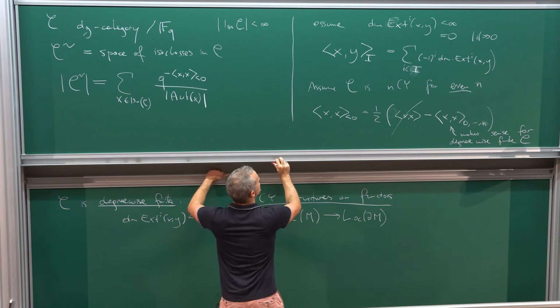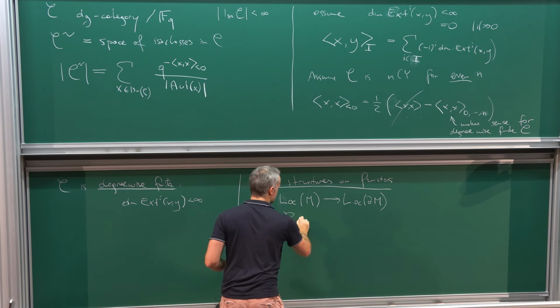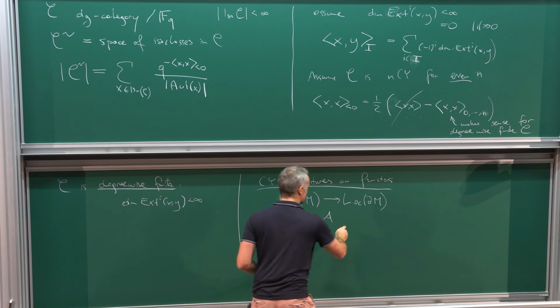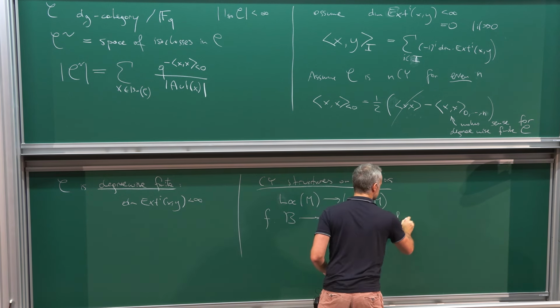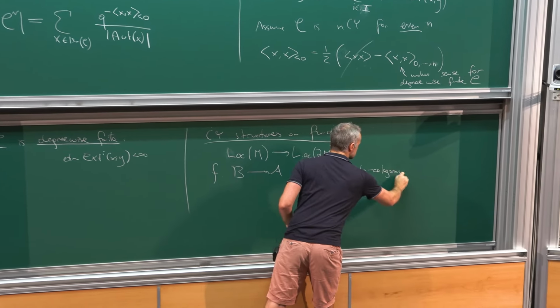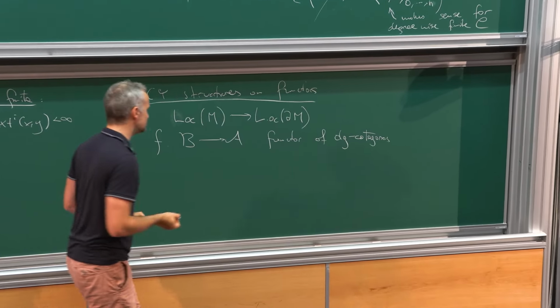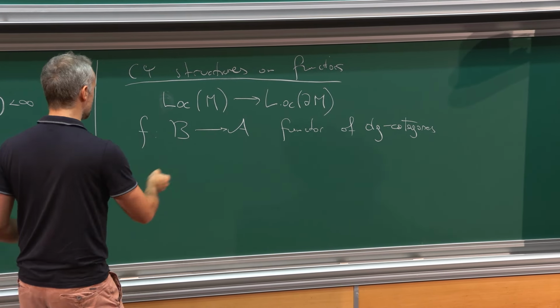So a functor f from B to A, a functor of DG categories. I'm not going to tell you exactly what Calabi-Yau structure means, but the important consequence is that you get this long exact sequence.